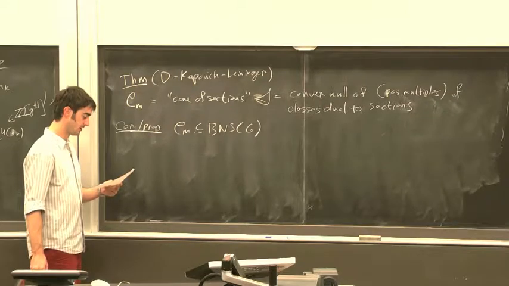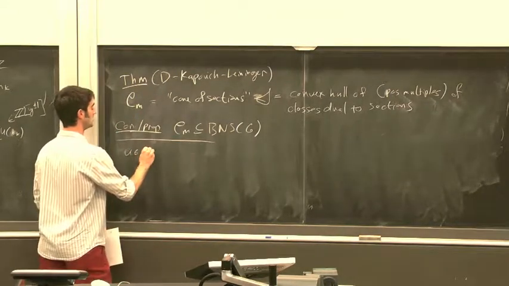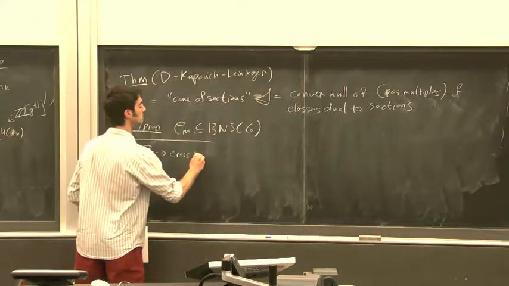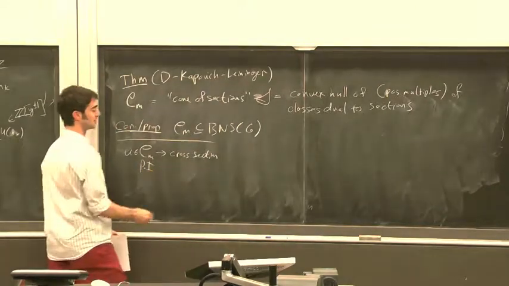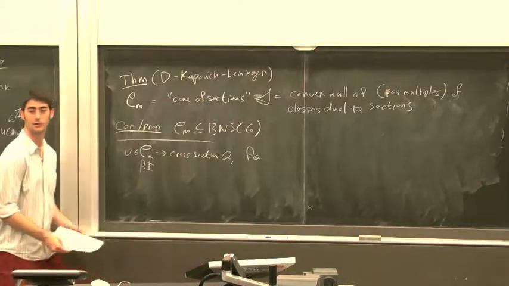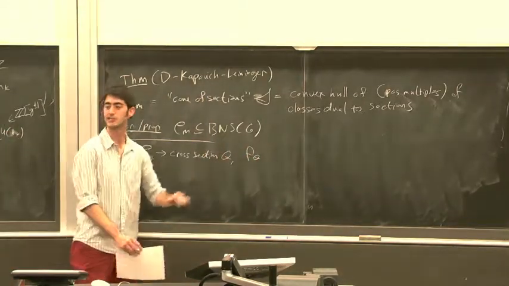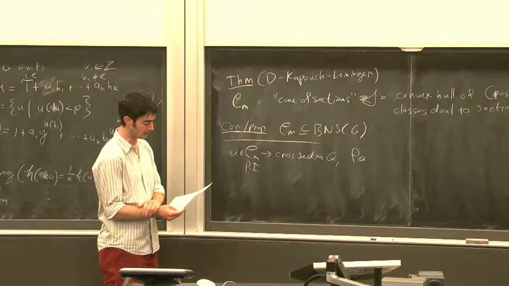Remember now that if I'm in this cone, then I have a cross-section. If I'm a primitive integral class in this cone, I'm dual to some cross-section, and I have a first return map, F theta, remember. This cross-section picture gave me this HNN-extension splitting of my group, if you recall.